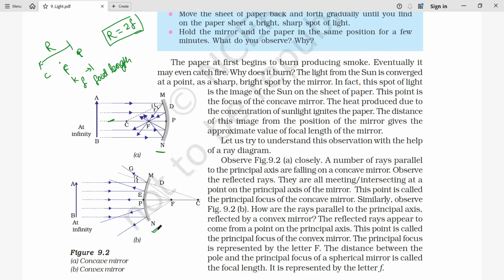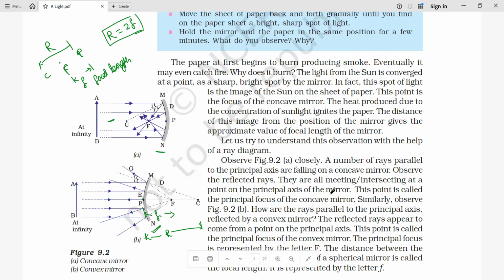It is oval. Okay. इसका pole is here and the center of curvature. ये दोनों का distance क्या है? Capital R. Okay. And the distance between pole and focus क्या है? Focal length, that is f. So in the case of a convex mirror कहाँ है? It is behind the mirror.